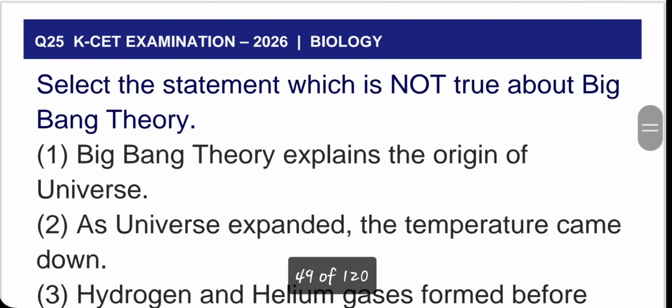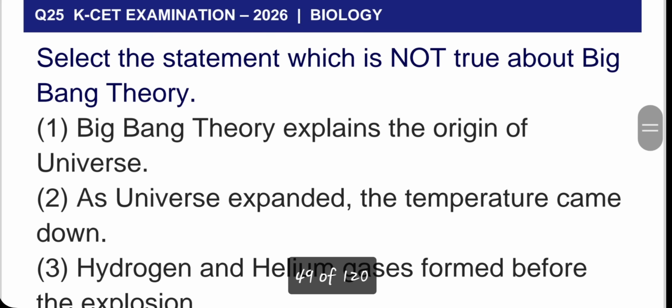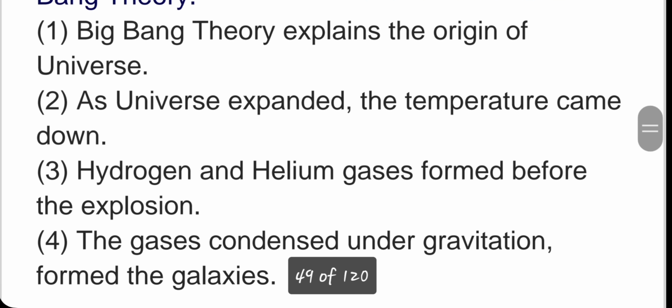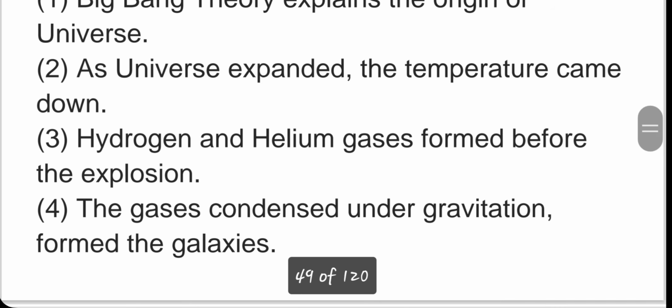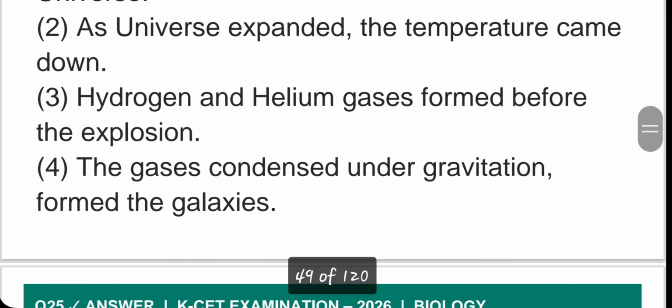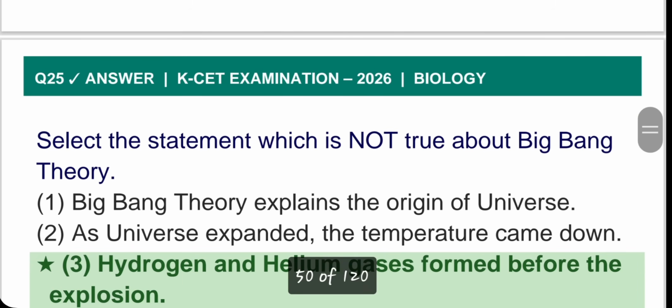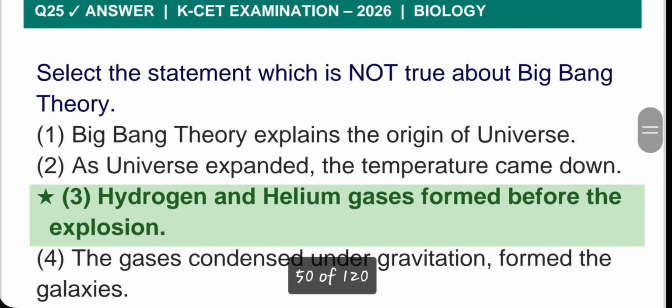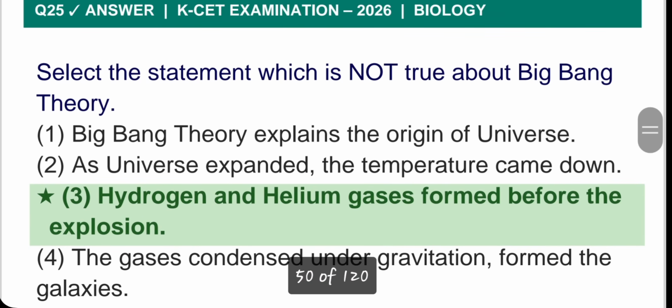Select the statement which is not true about the Big Bang theory. Big Bang theory explains the origin of the universe. As the universe expanded, the temperature came down. Hydrogen and helium gases formed before the explosion. The gases condensed under gravitation and formed the galaxies. So the incorrect statement is that hydrogen and helium gases formed before the explosion.